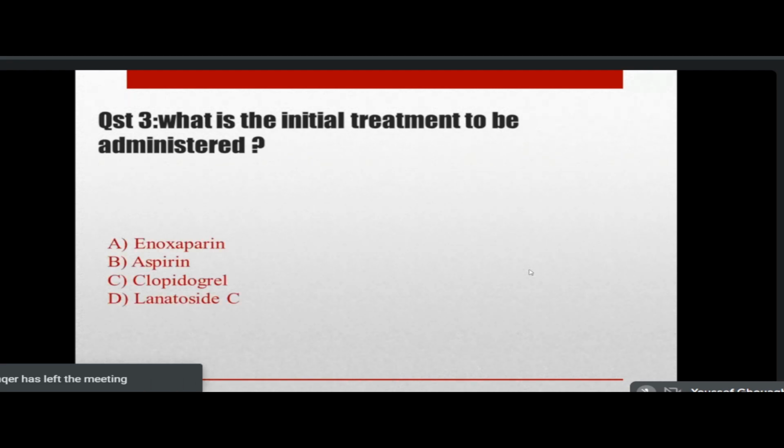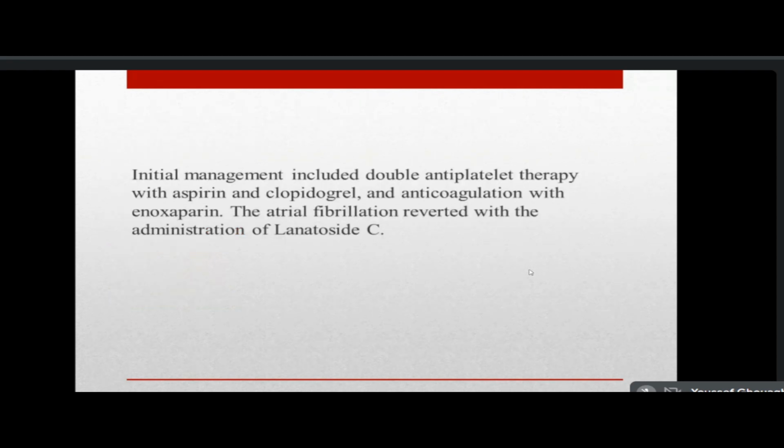Okay, so the correct answer is all of the above: enoxaparin, aspirin, clopidogrel, but also, yes, Lanatoside C, also D. Initial management includes dual antiplatelet therapy with aspirin and clopidogrel and anticoagulation with enoxaparin.